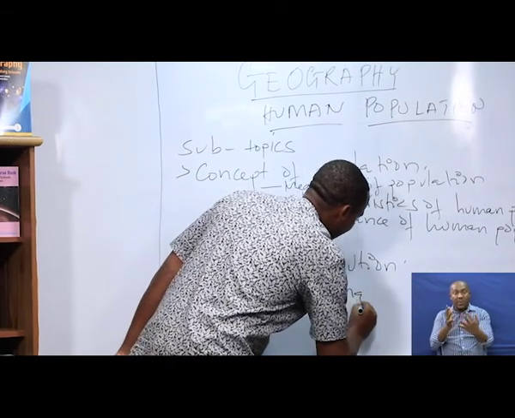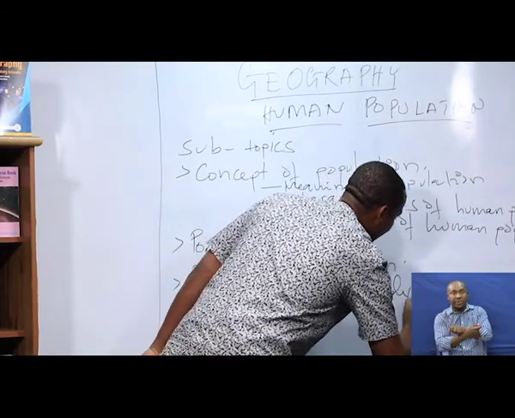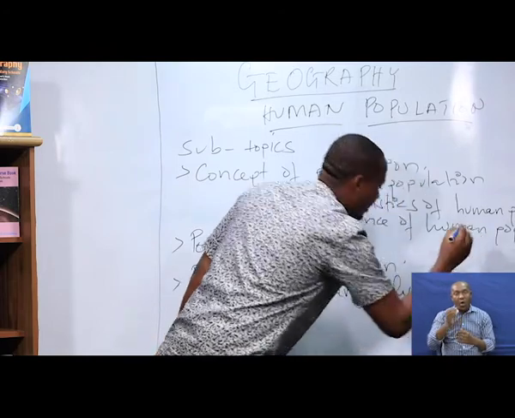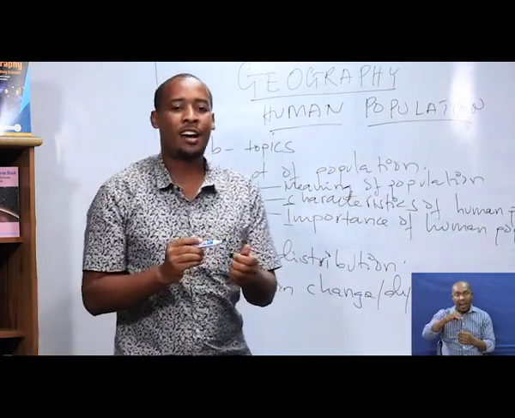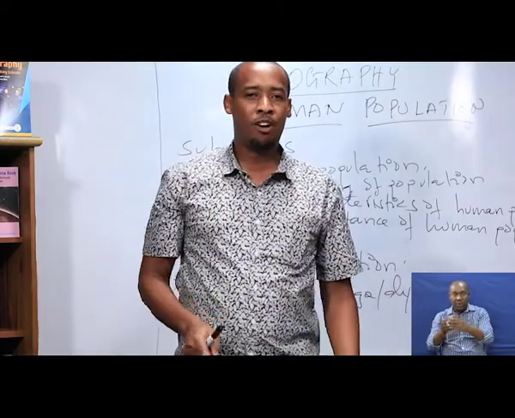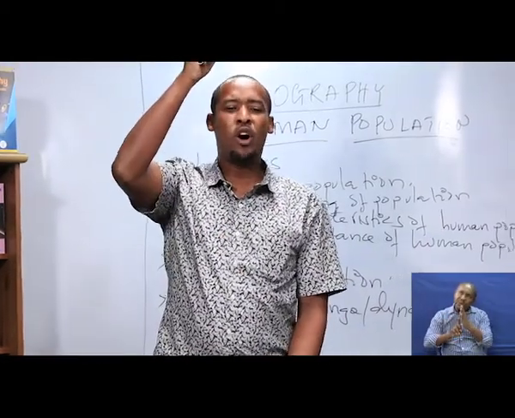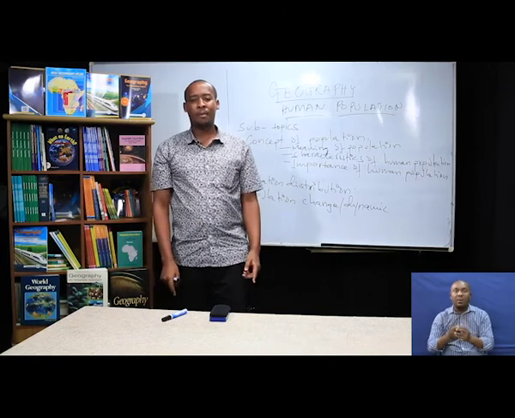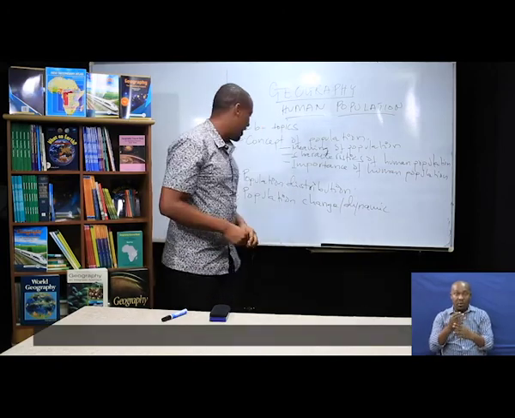It can be population change or population dynamics. Human populations vary, change over time. It can rise or it can fall. So either it is rising or it is falling. That is all about population change.